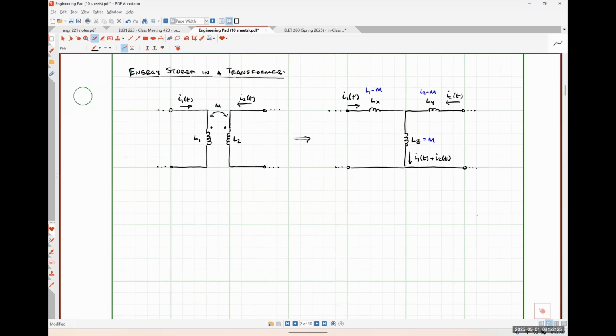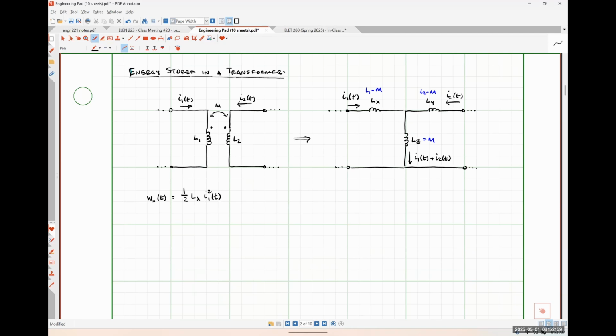So I can say that the energy stored by the inductance L sub X, so I'm just going to call that W sub X as a function of time, is going to be 1/2 times L sub X times the current flowing through that inductance, which is simply I1 squared.